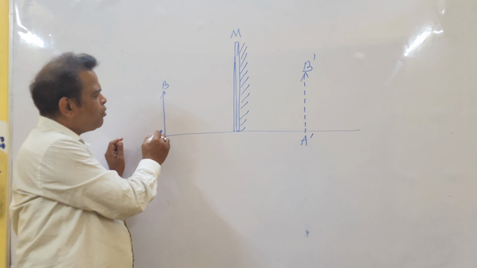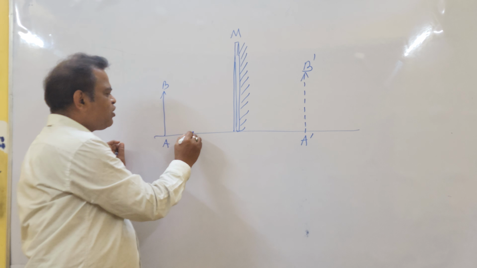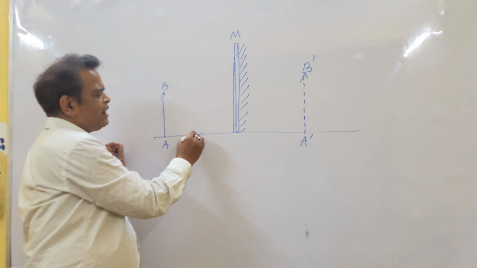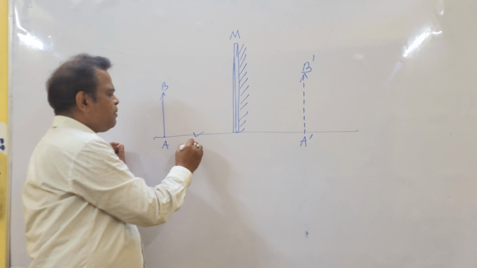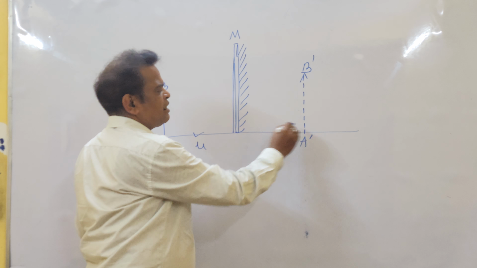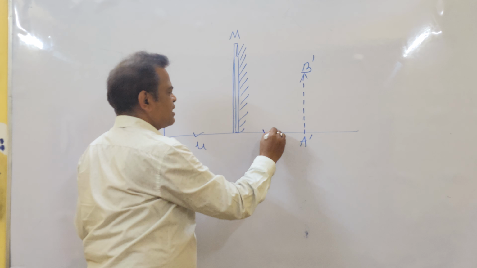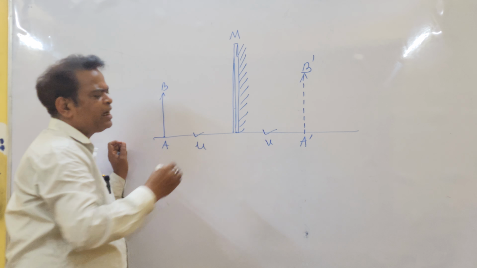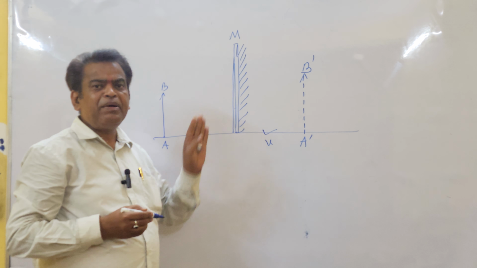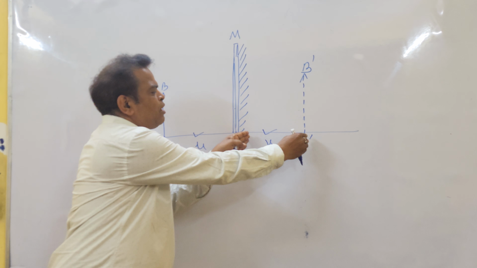This is the position of the object and this is the position of the image. The distance from the mirror to the position of the object is the object distance, and it is represented by U. This is the mirror and this is the image, so this is the image distance, and it is represented by the letter V. In the case of a plane mirror, the object distance is equal to the image distance.